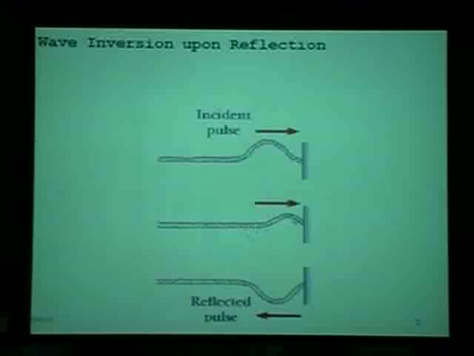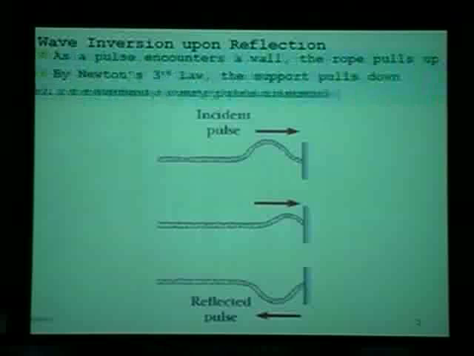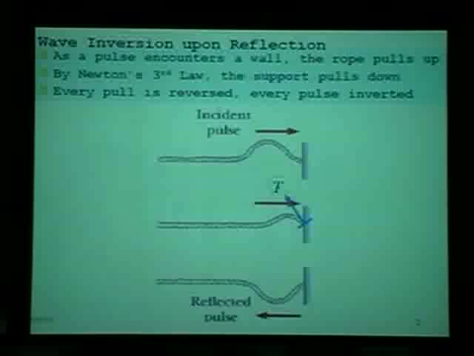As the string encounters the wall, we have forces going on between the string and the wall. There's tension in the string, and the tension is pulling on the wall. So tension is pulling on the support of the wall in the direction of the string. As the pulse comes in, the tension is pulling along the direction of that pulse where it's connecting to the wall.